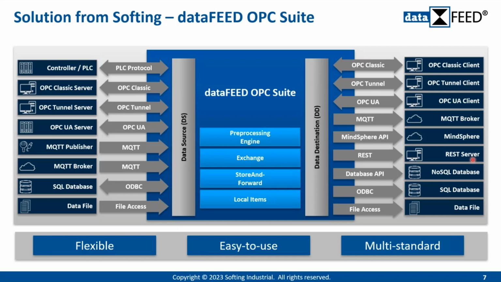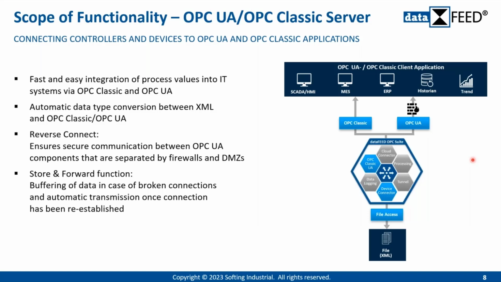But coming back to typical scenarios from this XML topic. First is to provide the XML file data via OPC UA or OPC Classic. In this case, the DataFEED Suite acts something like a gateway and is able to connect controllers, or in this case XML files, and provide this data via OPC Classic and OPC UA to more or less integrate this process data into IT systems.